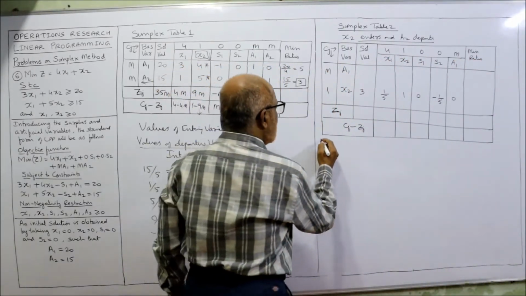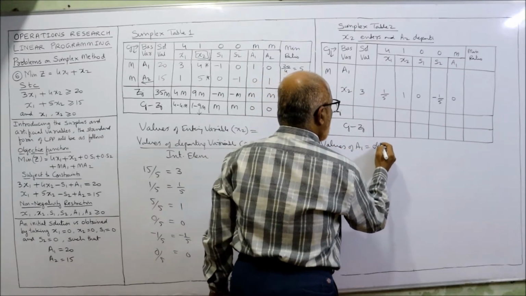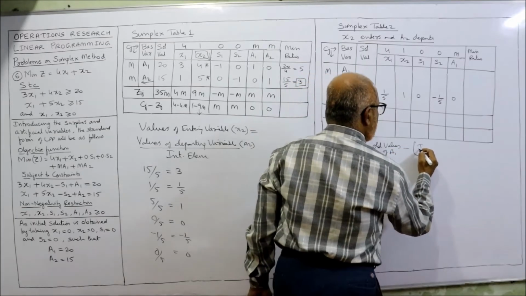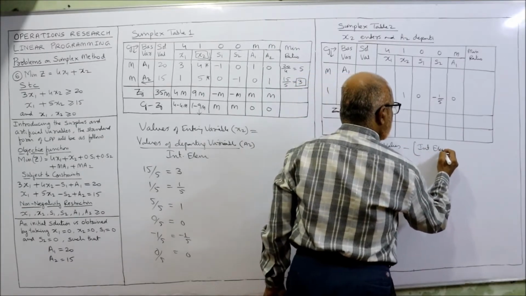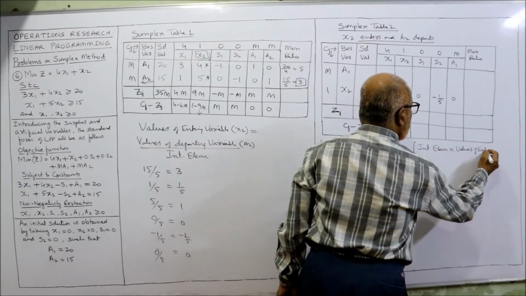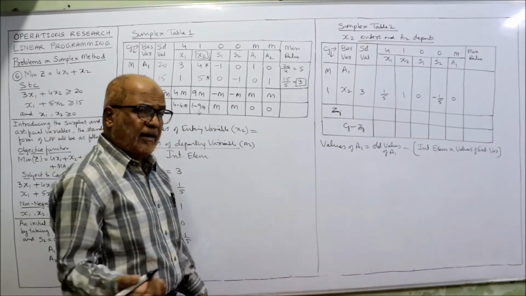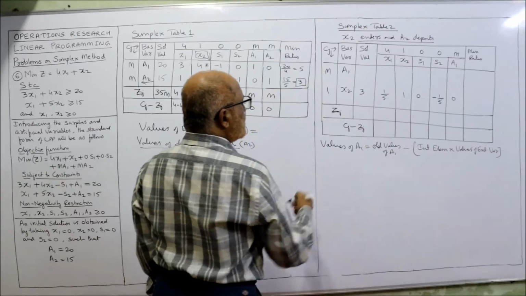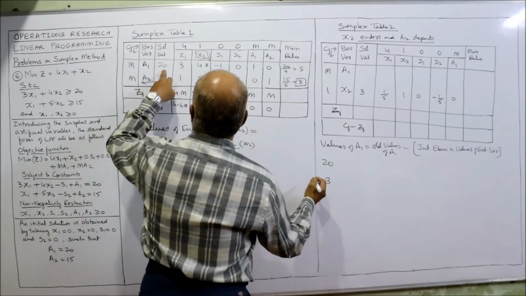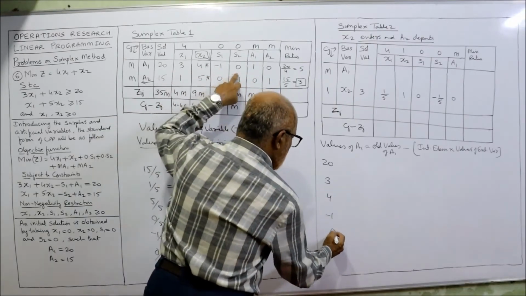Now we need values of A1. Values of A1 is equal to old values of A1 minus intersectional element into values of entering variable. Same formula that we have applied in every problem. So what are the values of A1? Old values of A1 are 20, then 3, 4, minus 1, 0 and 1.